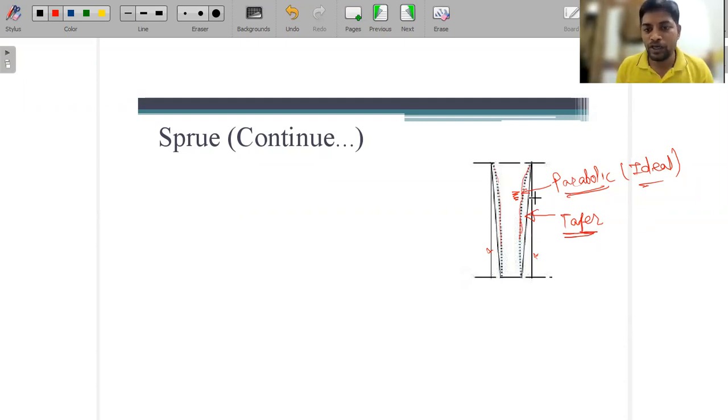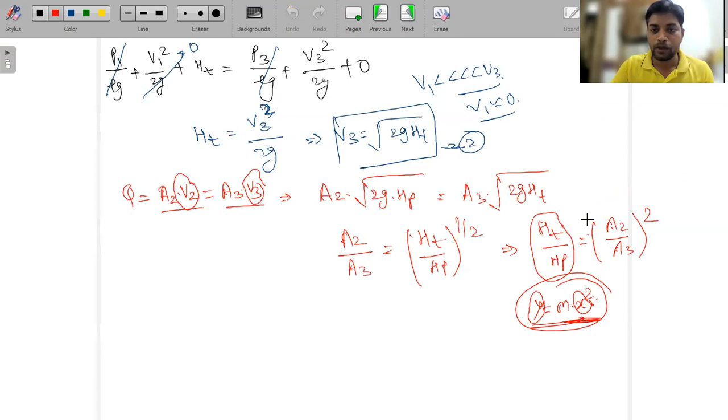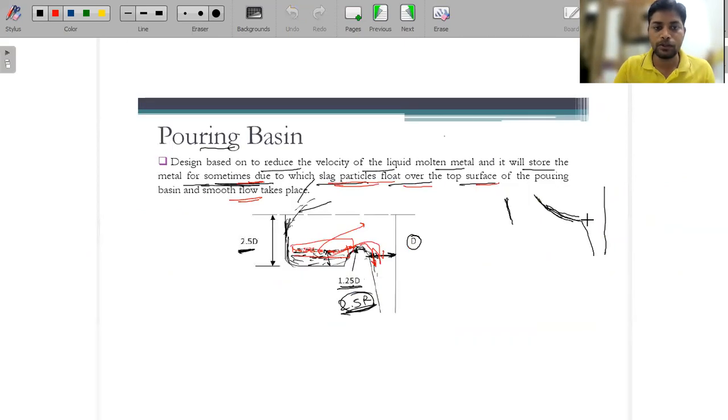But we choose the taper section accordingly, so that it matches the parabolic shape by 90% or 99%. Exactly it is a parabolic shape, but we are considering the taper section, so please keep this in mind. Okay guys, if you have any doubt, you can ask me.